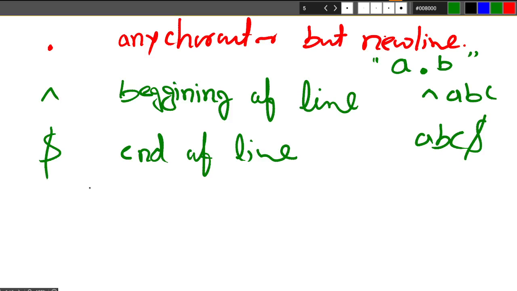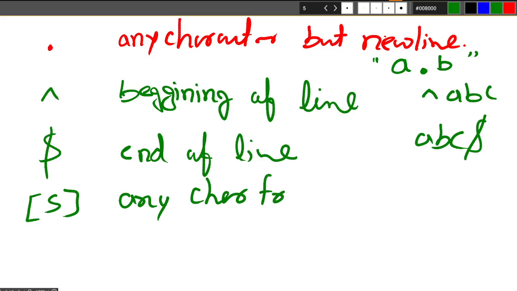Now if you want to have some character from a string, suppose you have a string and you want to specify any character from the string, then you can write a big bracket.